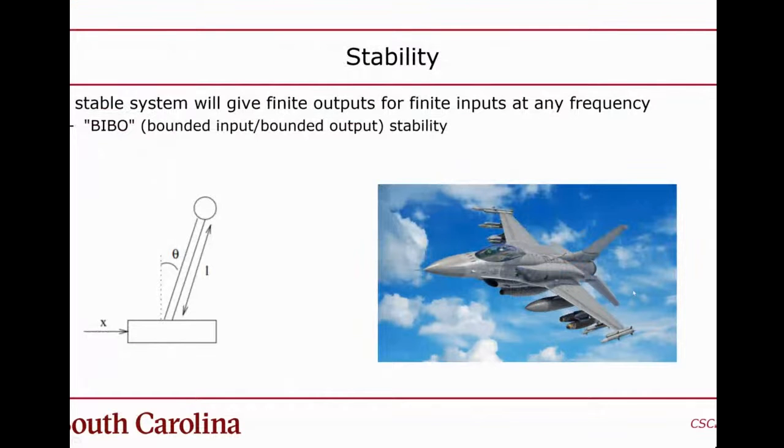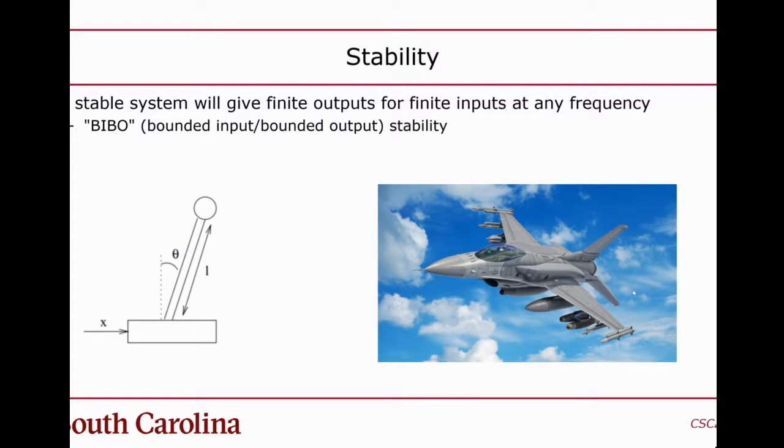Okay, so I have a picture of an F-16 fighter on there too, because the F-16 was the first mass-produced airplane that is inherently unstable. Most airplanes are stable, at least small scale, simpler ones, where if you're flying and you let go of the controls, the plane will just fly straight.